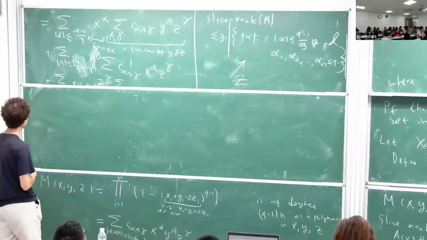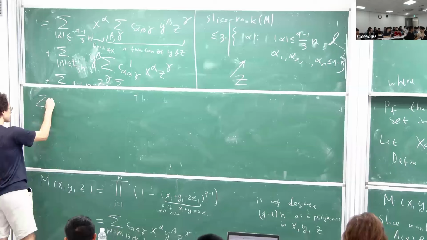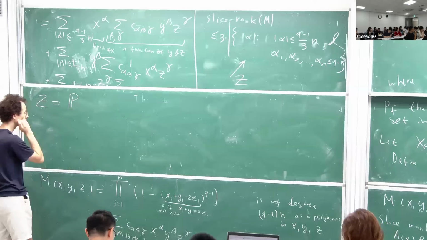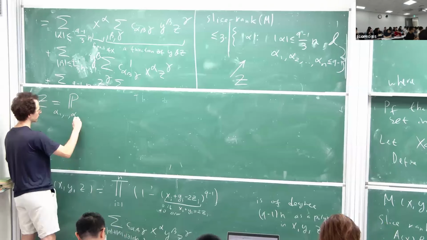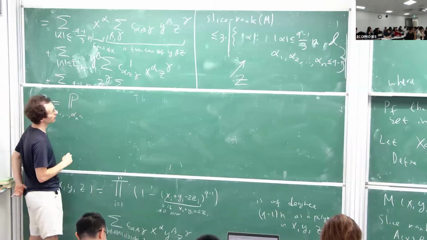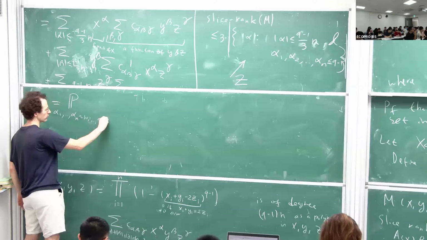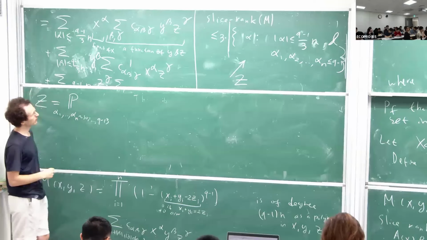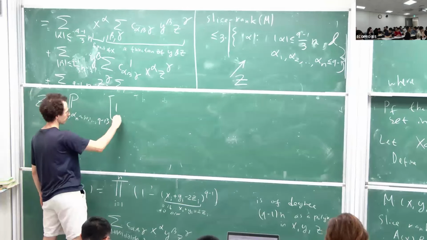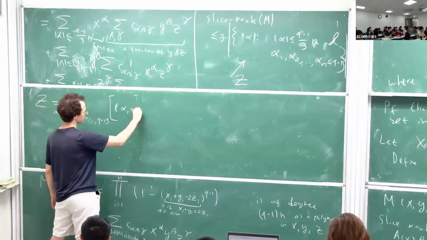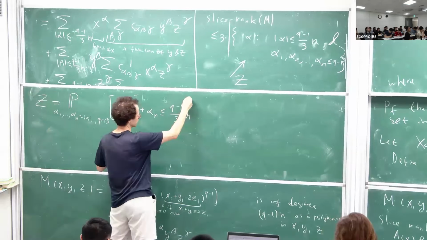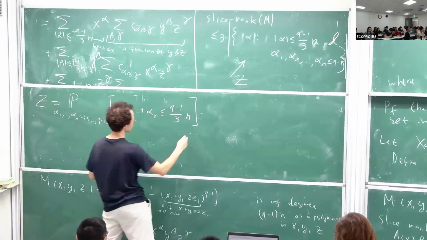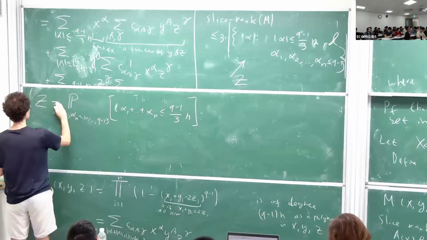So Z is just equal to the probability, if I pick alpha 1 through alpha n at random from 0 to q minus 1, that the total sum is small, times the total number of choices, which is q to the n.